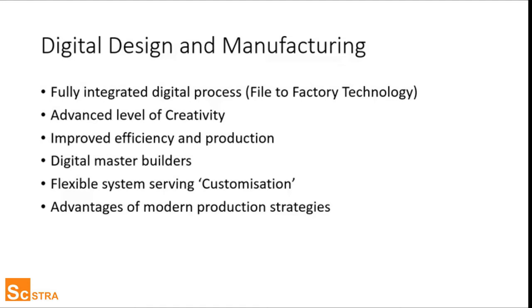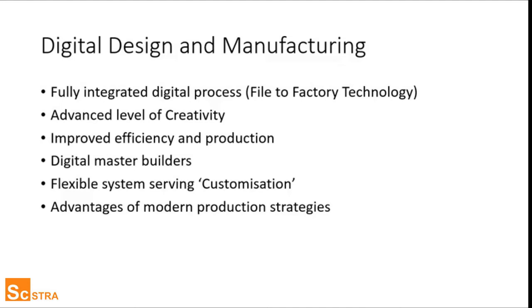For example, they could have designs which couldn't be built since they weren't matching the production line capabilities. Also, goods could have been manufactured not fully compatible with the initial design specifications. So a fully integrated digital design and manufacturing system emerged, which is commonly known as file to factory.